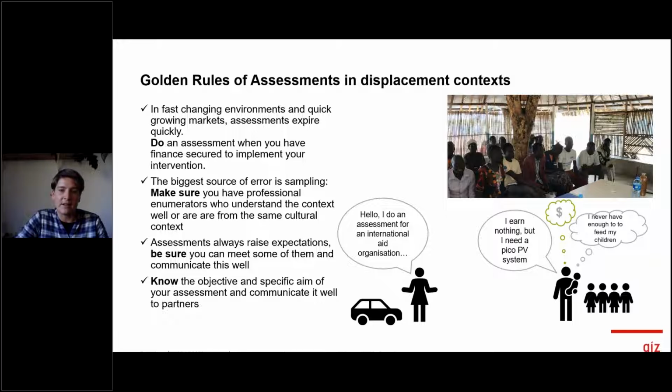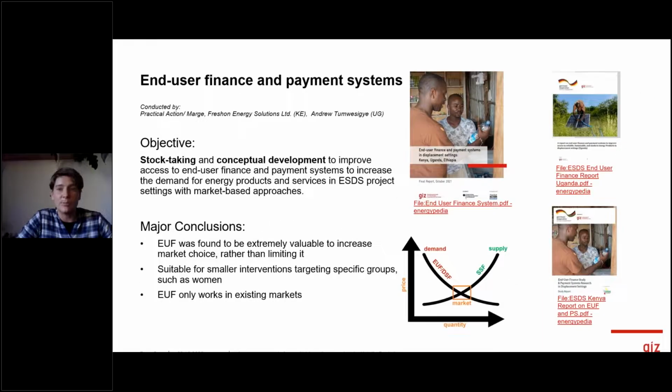And as I already said, they are a bit focused on the 3 countries, Kenya, Ethiopia, and Uganda, that we're working in. So one of the first studies we did, because in cooking energy the general impression I can say is that what the market is lacking here is money.